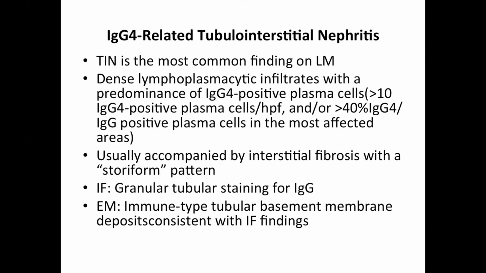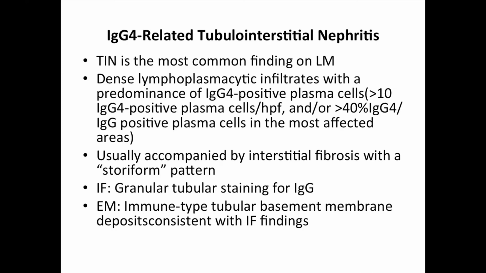It's not very well described in the literature, but it can actually happen that we have IgG4-associated vasculitis in our biopsy because of IgG4. The other thing that may be present is obliterative phlebitis in the veins. Okay, so we could have that.